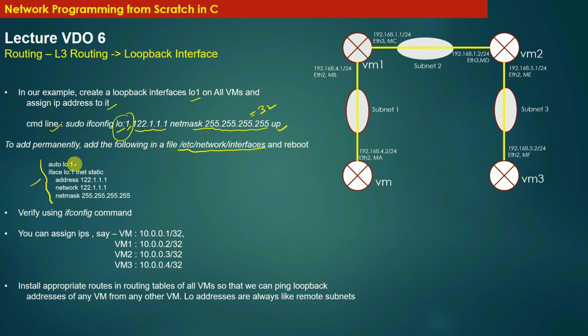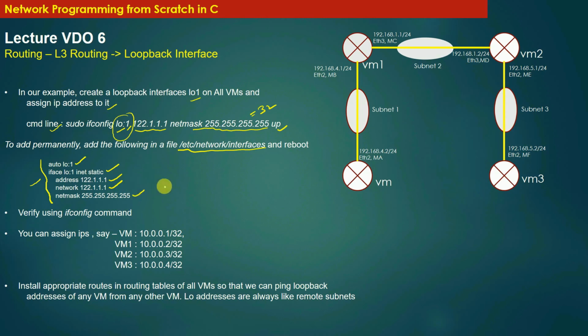Create a loopback interface lo:1. Tell the machine that you are going to configure a static IP address on the loopback interface. Assign the IP address to the loopback interface. Assign the network ID, that is the network IP address, and the mask value of the loopback interface.